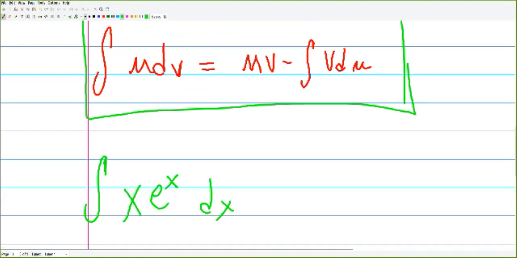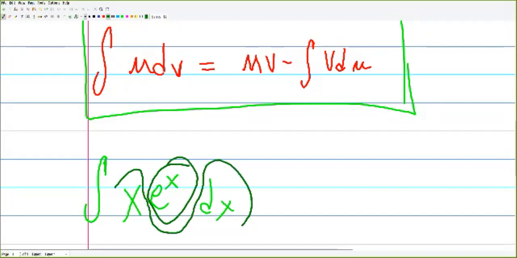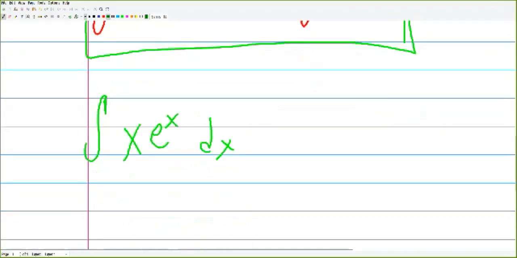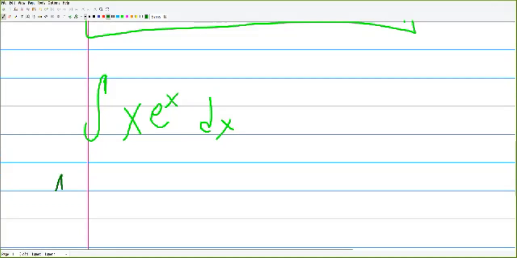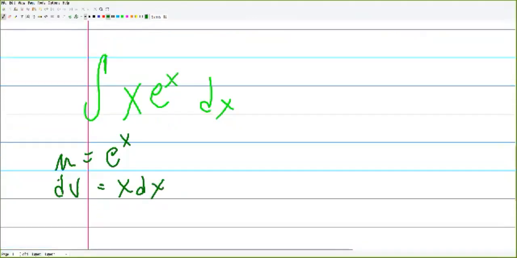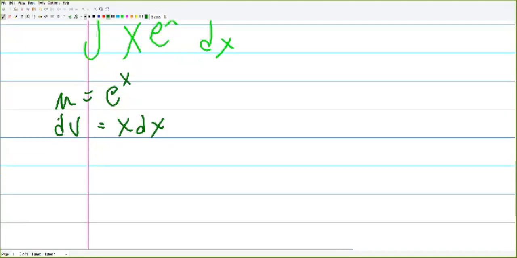We do recognize that we have u dv, and we could choose arbitrarily, for example, u equal to e to the x and dv equal to x dx.